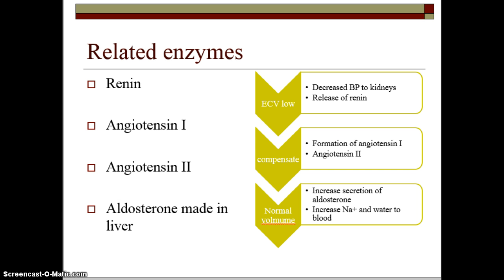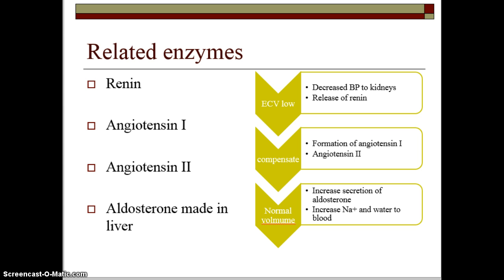Our regulated enzymes, then, you will learn about this because many of them are related to blood pressure meds. You hear about ACE inhibitors, and many of the processes and pharmacology is related to this process that you see in front of you. We see with a patient with low volume, decreased blood pressure gets to the kidneys, and that releases the renin.